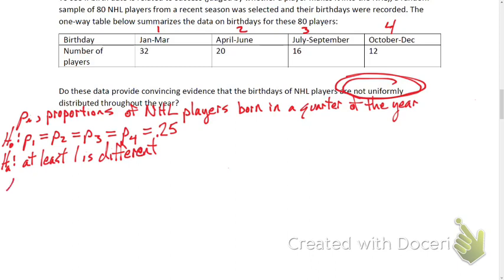Set your alpha. Move to the plan step. I scrolled just past it, but it did say random sample of 80.